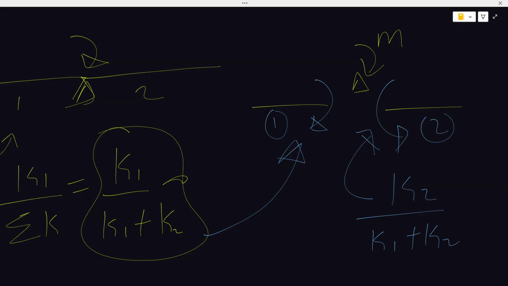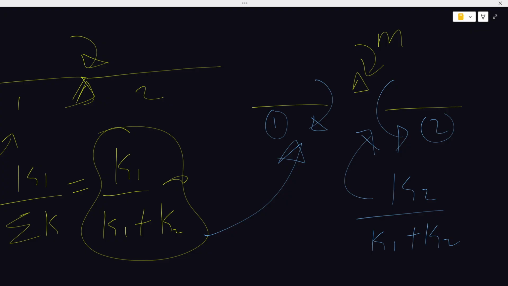In essence, your distribution factor is the stiffness of the member you are dealing with over the summation of all the stiffnesses connected to that joint, not everything in the beam. We're dealing with K1 plus K2 because we're connecting portion 1 and portion 2 together. That's why we're adding K1 and K2 together.